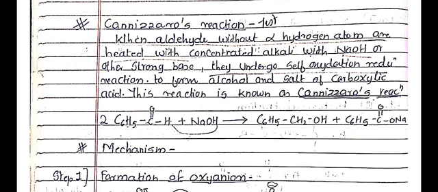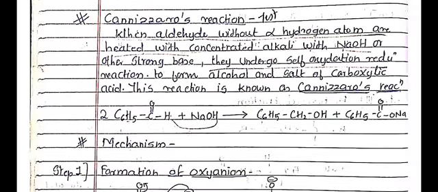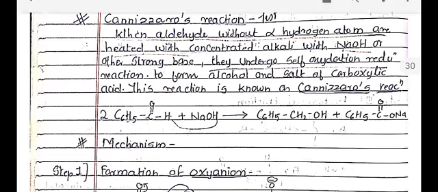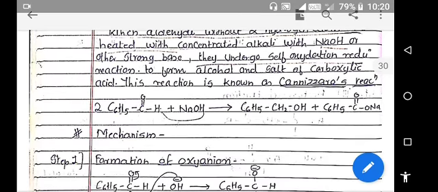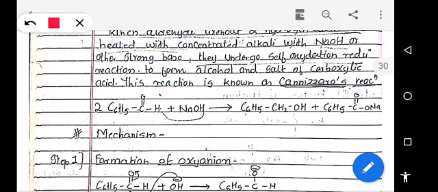In this reaction, the reactant part is two aldehydic molecules. How can we understand it? These are two aldehydic molecules having no alpha hydrogen. The first important key is having the aldehyde but no alpha hydrogen.